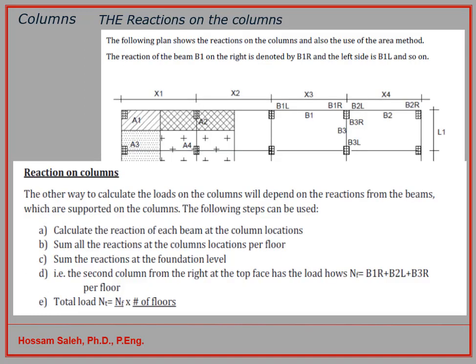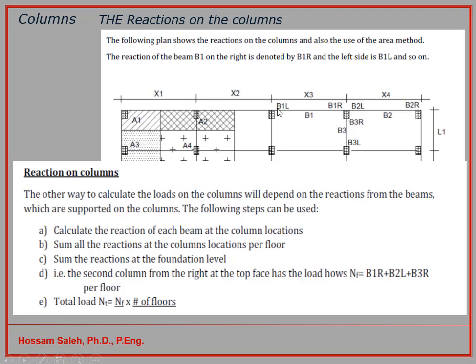The other one is using the reaction on the column. In this slide you can see that I have the area method on the left hand side. If you go to the right hand side, I took this example for this column.